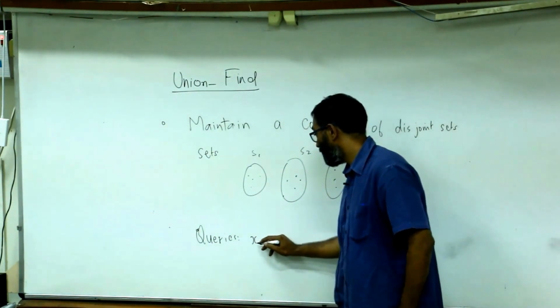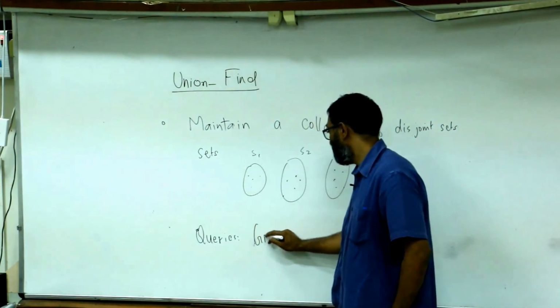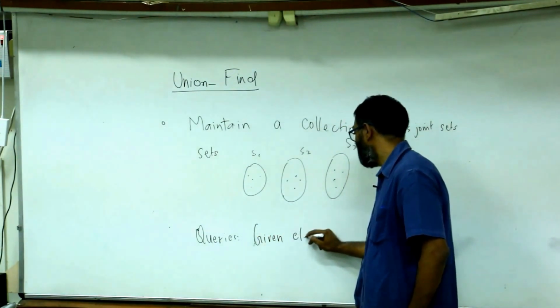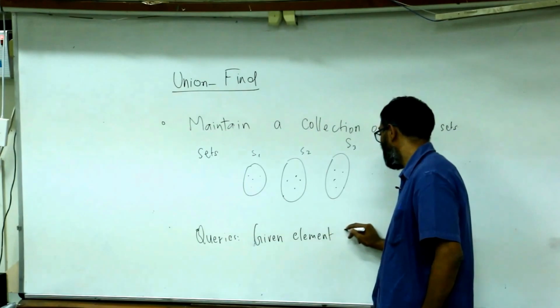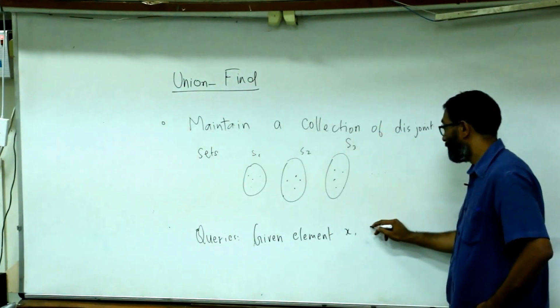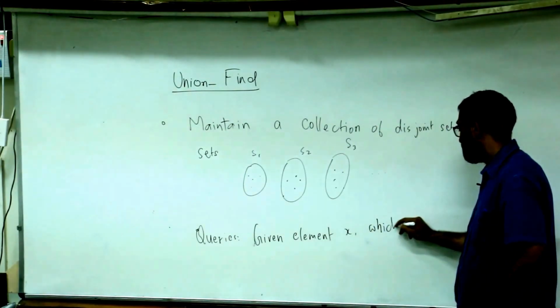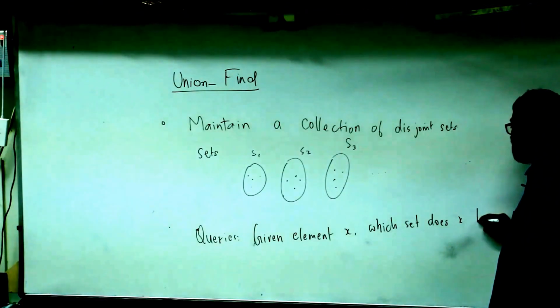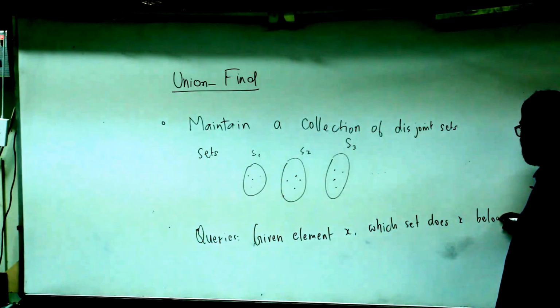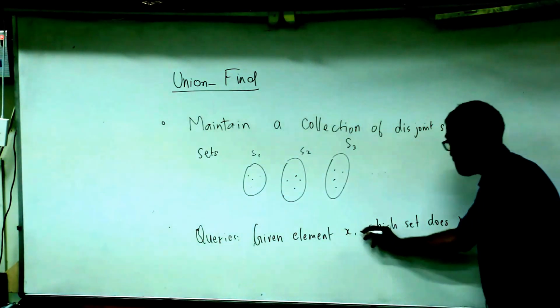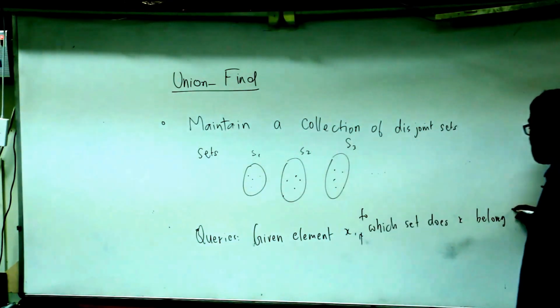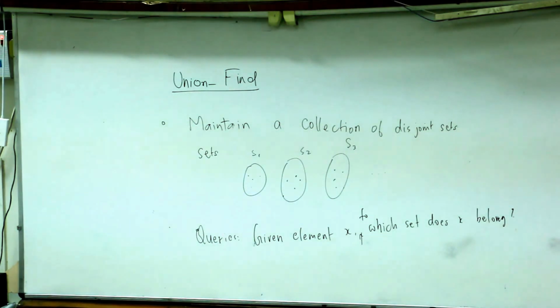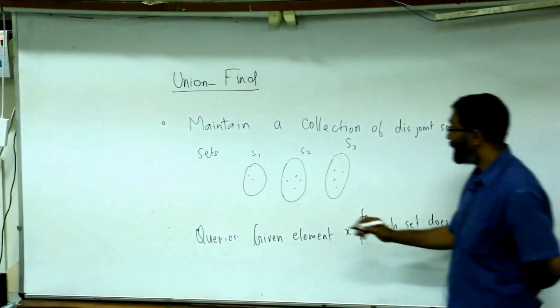So what are the queries I want? If I give you an element x, to which set does x belong? So we want to be able to answer this question. So I give you an element x.